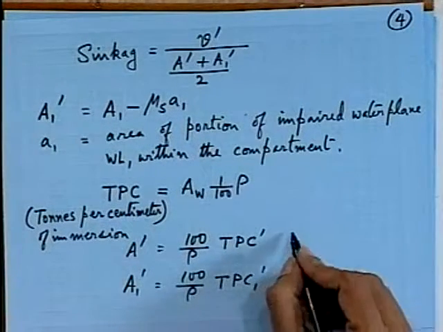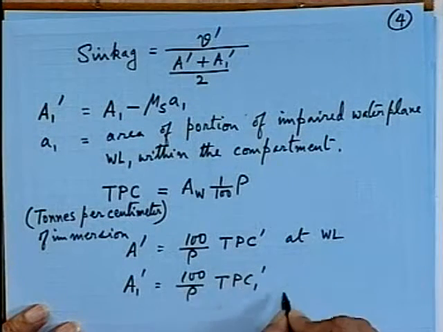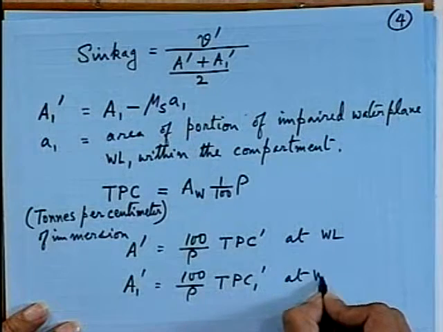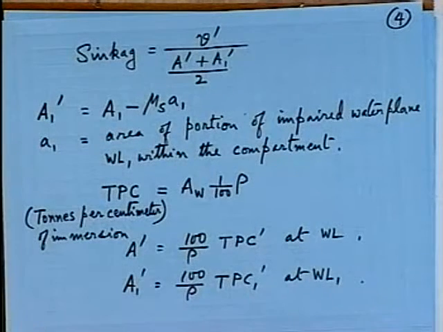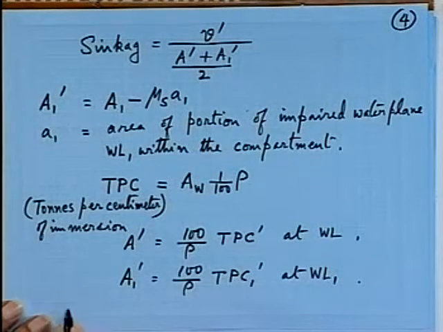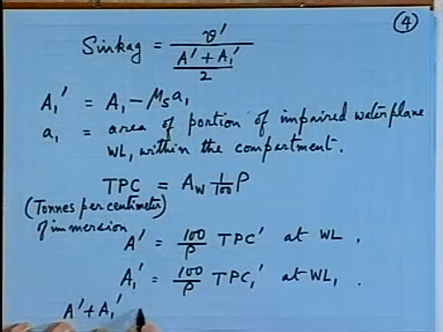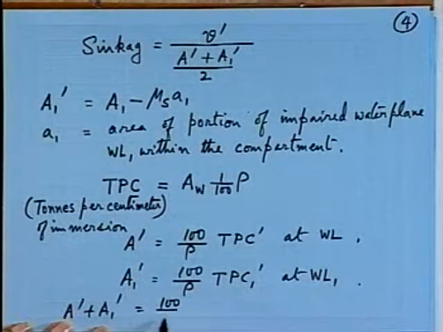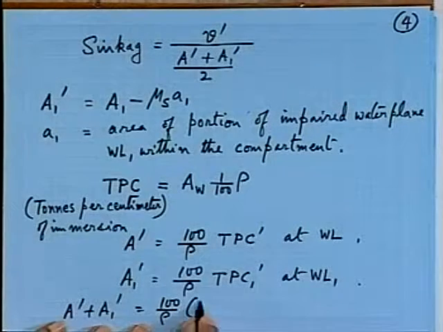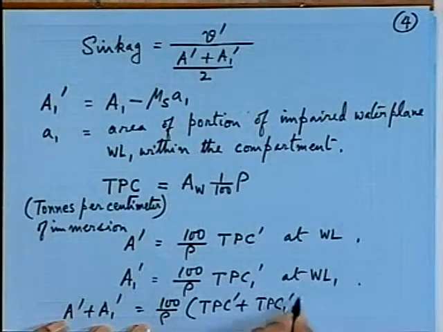So this one is evaluated at WL, and this is evaluated at WL1. So A prime plus A1 prime will be how much? This is 100 by rho multiplied by TPC prime plus TPC1 prime.